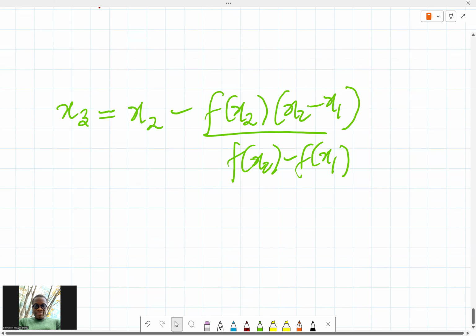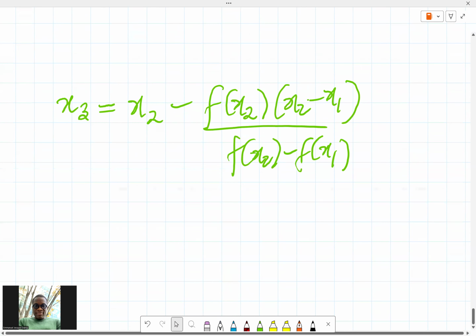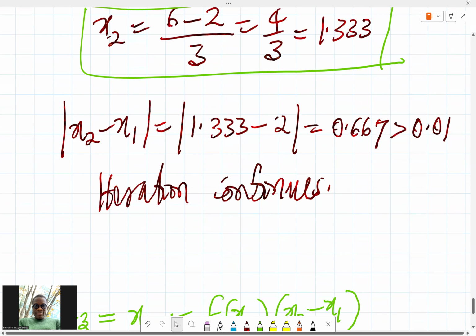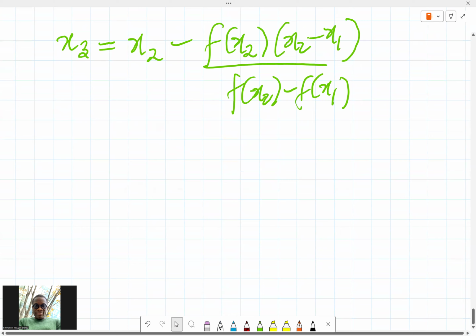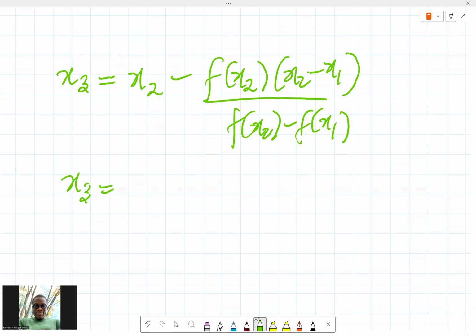If you put all the values where they should belong, we can just go straight. So x3 equals x2, which we have found to be 1.333, minus f of 1.333.